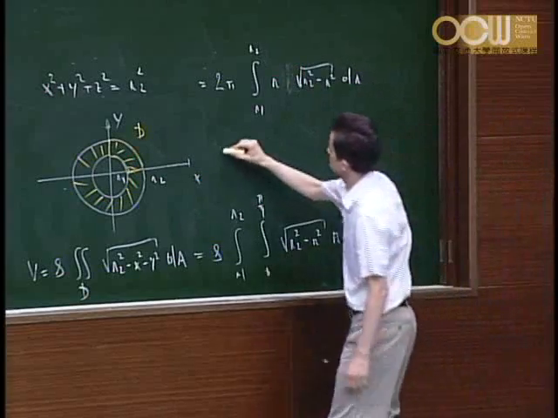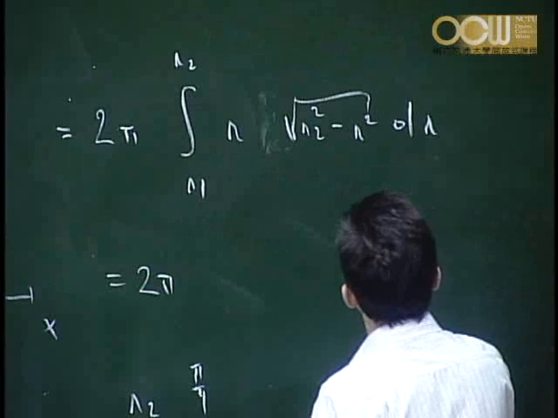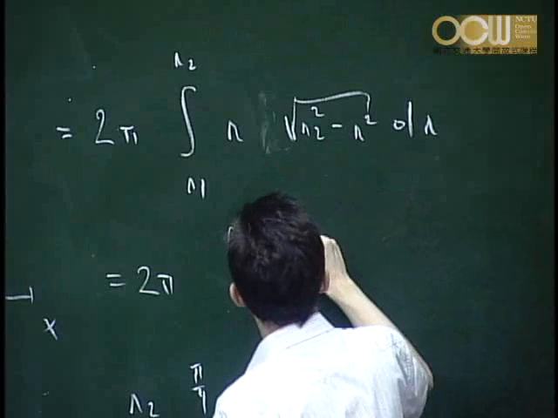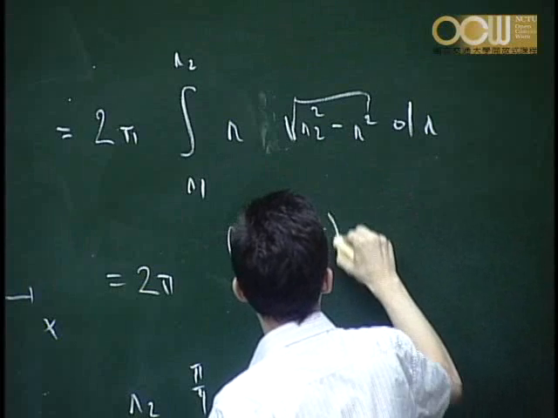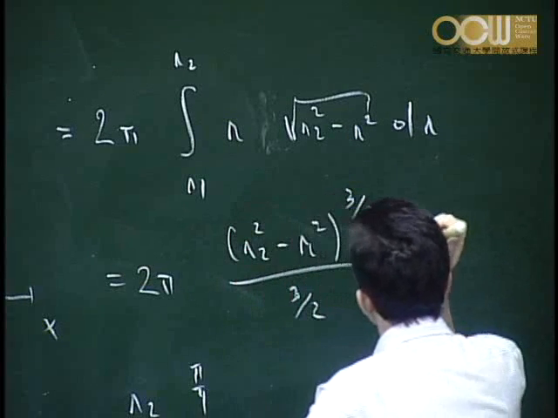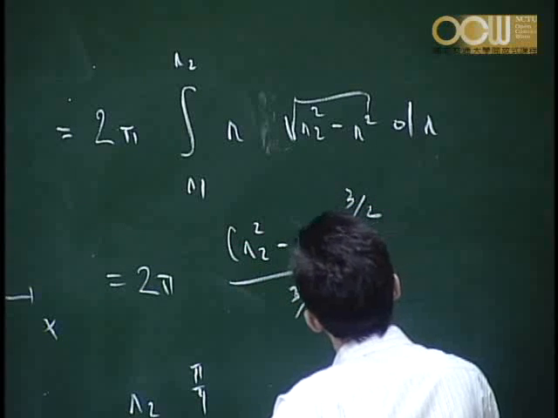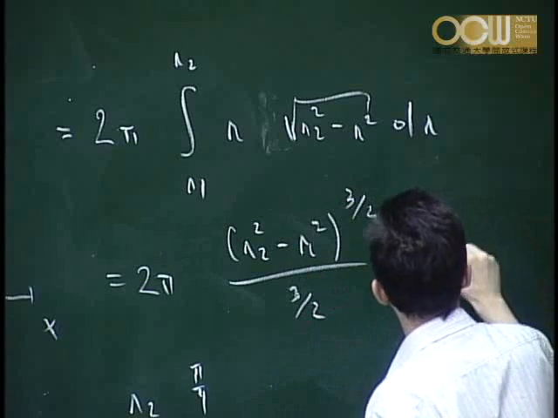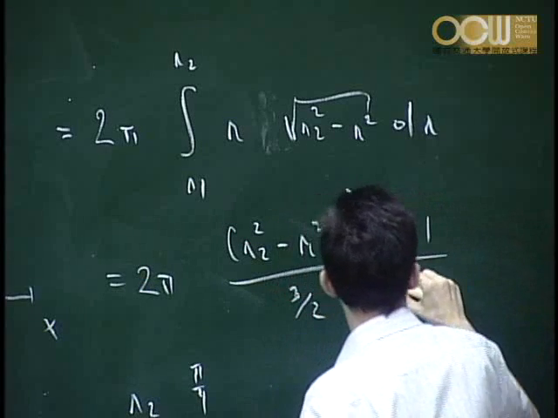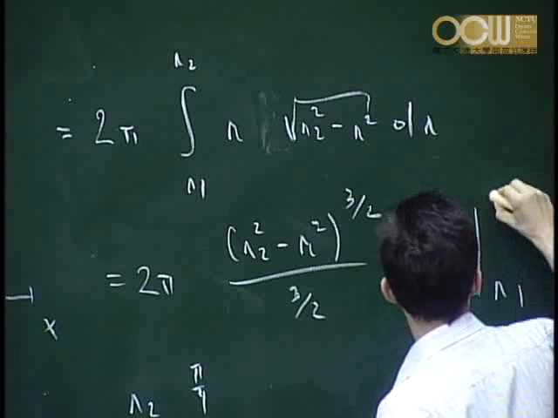Okay, so this is 2 pi, and here I have R2 square minus R square to the 3/2 over 3/2. If I compute this, I also have the inner derivative, so I have 1 over, everything is minus, minus 2, and then evaluate it at R1 and R2.